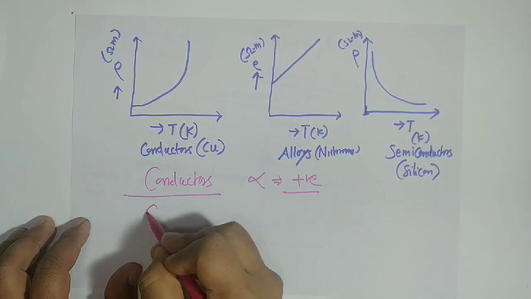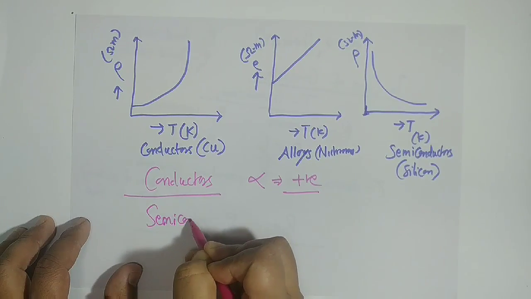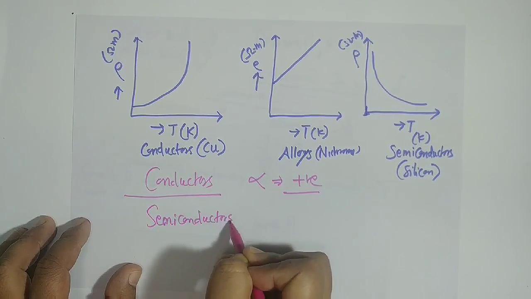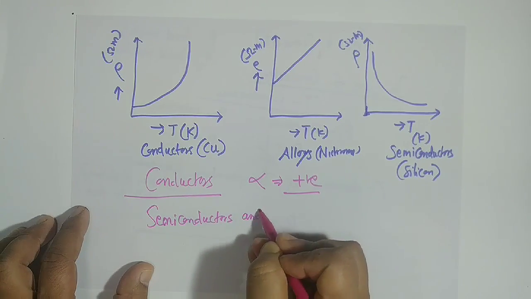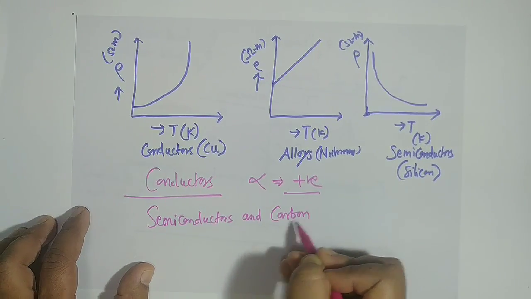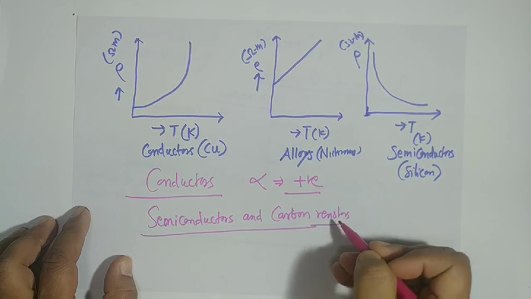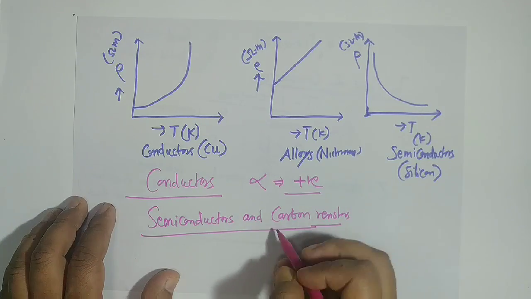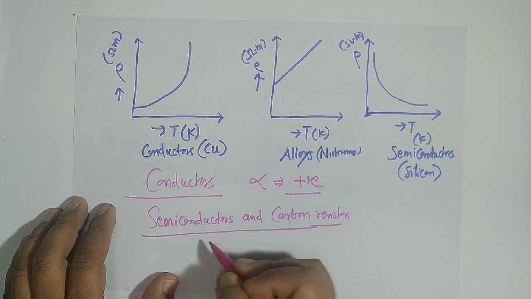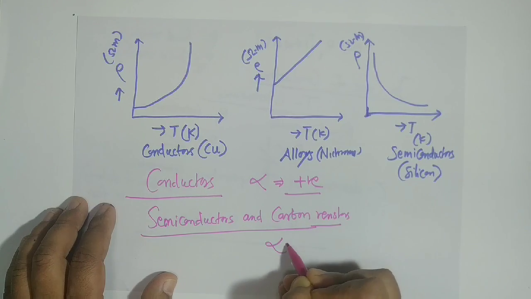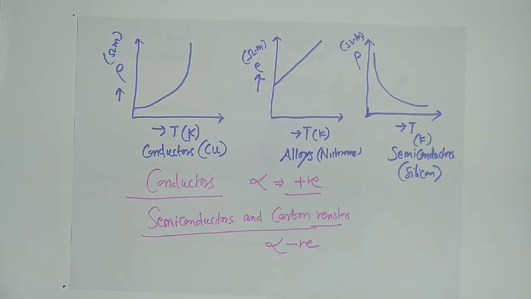But for semiconductors and carbon resistors, remember, alpha is negative. So these are the concepts related to temperature dependence. Got it?